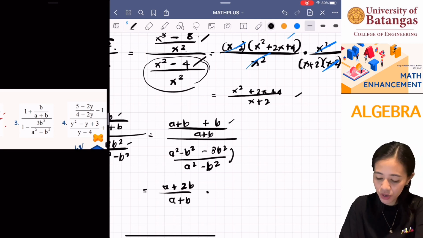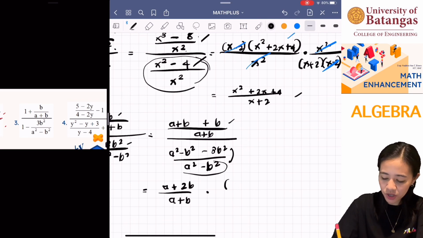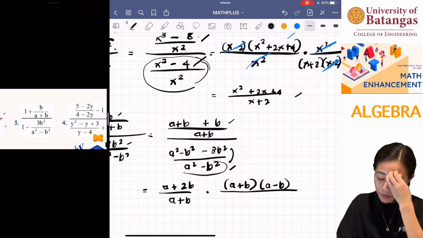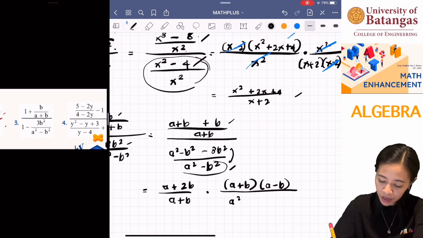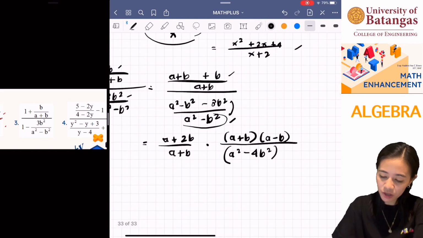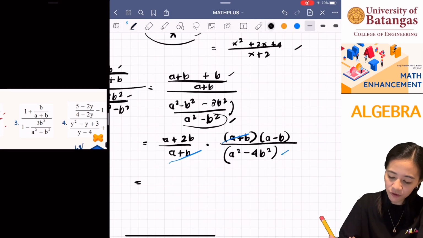of your divisor. So, you have an a squared minus b squared here, which is a difference of squares. So, i-factor ko na to. I'll factor this. Divide that by, I will have an a squared minus 4b squared naman. Okay, which in turn, pwede ko nang i-cancel a plus b. Pero since may difference of squares pa tayo dito, let's proceed with factoring pa rin further.